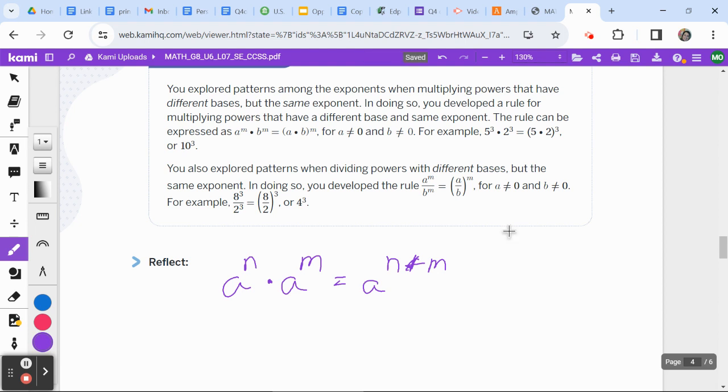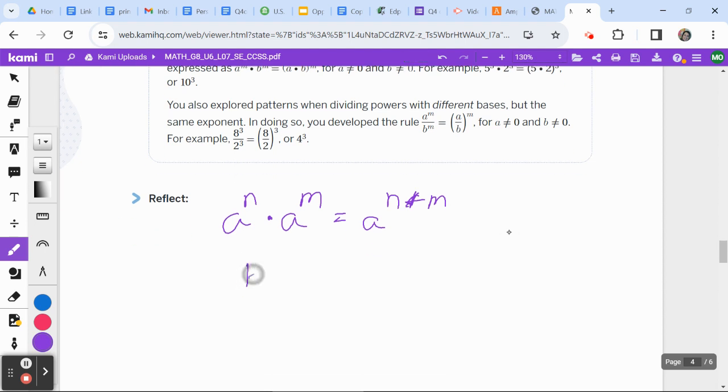So that's opposite of what we had today. Or say we have b to the t over b to the w. Then that means you would subtract the numerator exponent from the denominator exponent.